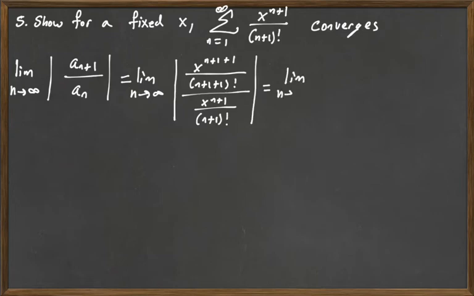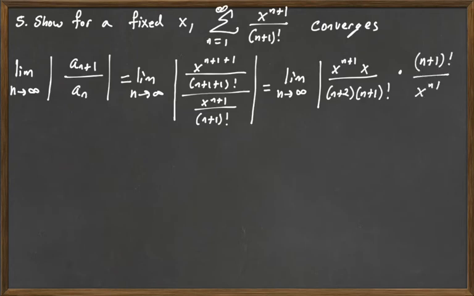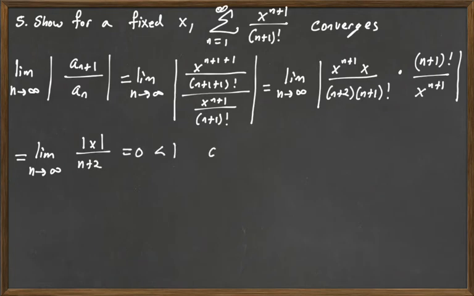So it's going to be the limit as n goes to infinity of x to the n plus 1 times x over n plus 2 times n plus 1 factorial times n plus 1 factorial over x to the n plus 1. So that's going to be equal to the limit as n goes to infinity of the absolute value of x over n plus 2, and that's going to be equal to 0, which is less than 1. And this shows that this converges for this particular value of x.